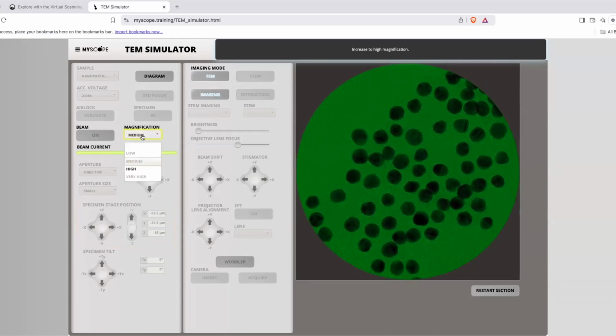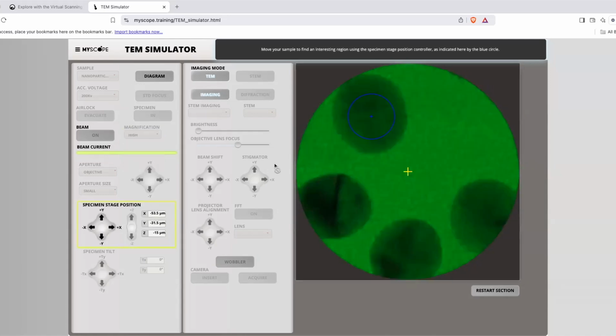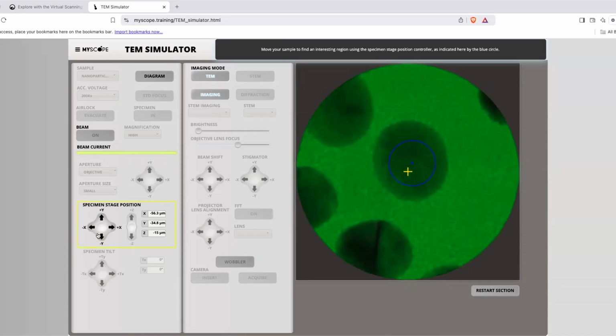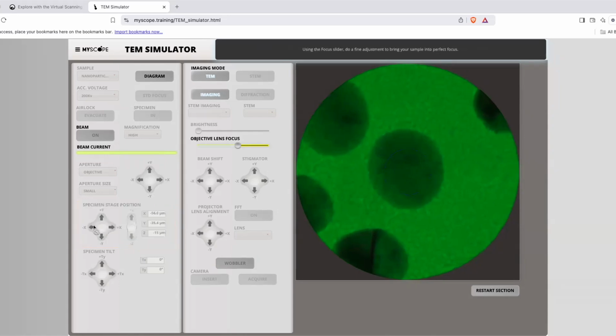Now we can go to high magnification, even of a single individual nanoparticle. That blue circle will come to the center. And now you do some focusing. Find the correct focus.